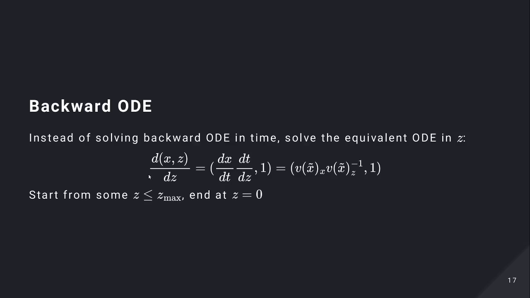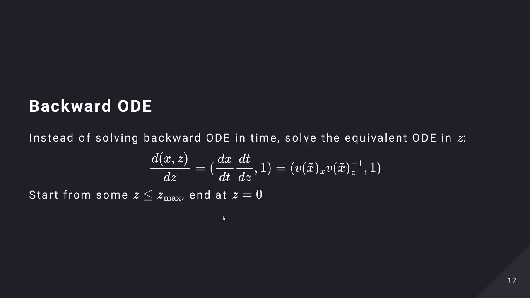So z changes there, and we know that we can just stop when z hits 0. This is just a simple chain rule application, where v_x is the x component of the vector field, and v_z is the z component. So we take the x component divided by the z component, and z just moves at constant speed.